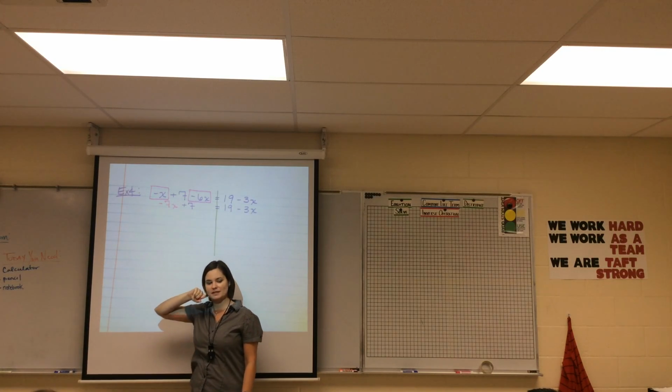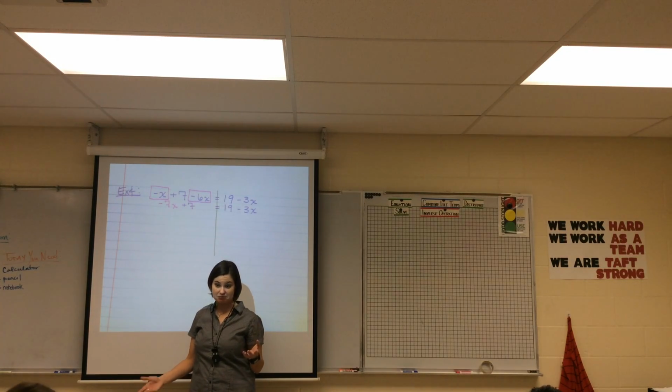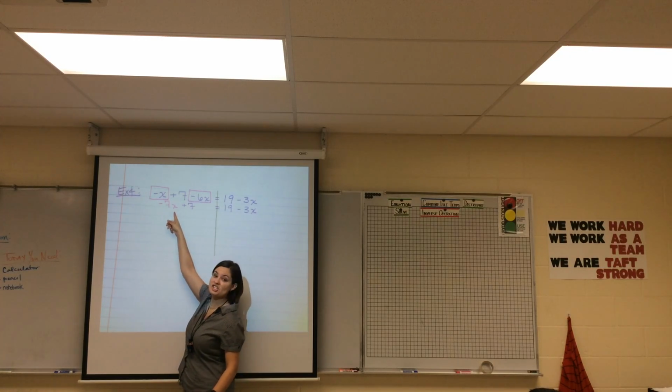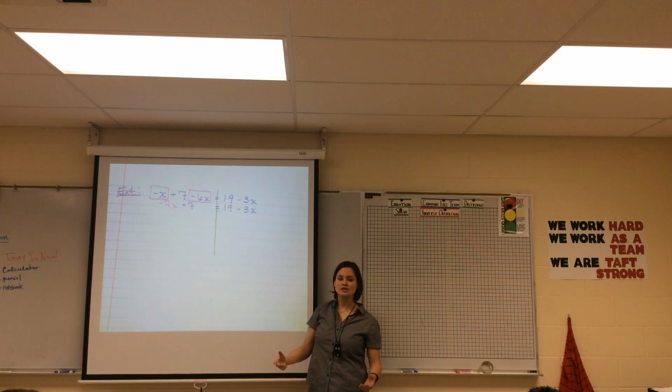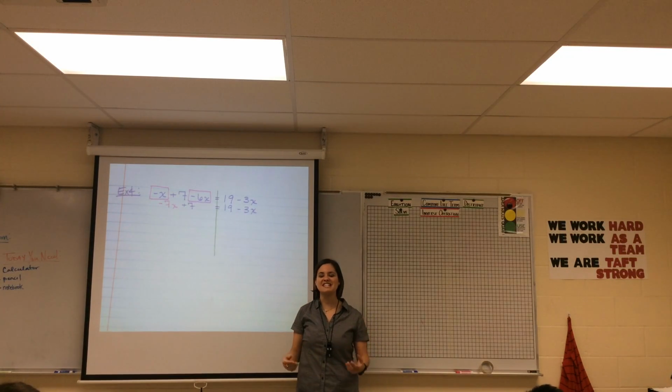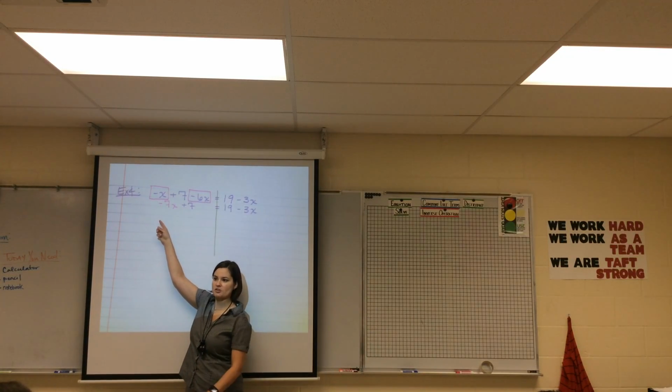Someone in first period said something kind of clever: but what if you used a different shovel? It's a valid point. But I pointed out that each shovel was x, so I used the same shovel. So which hole would be deeper? The 7, so that one's further down.